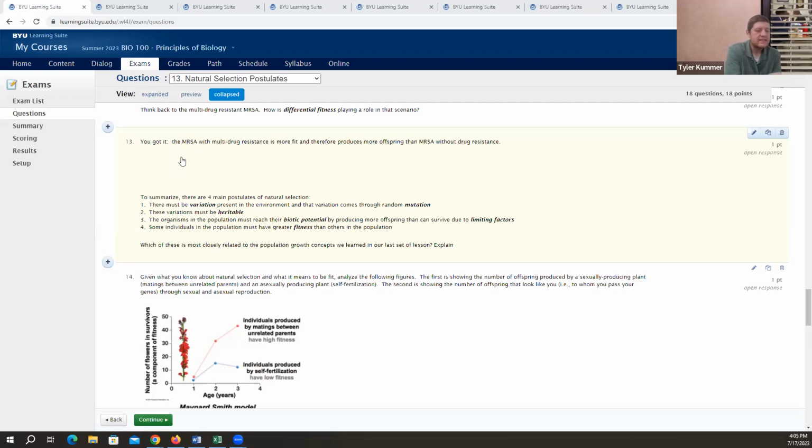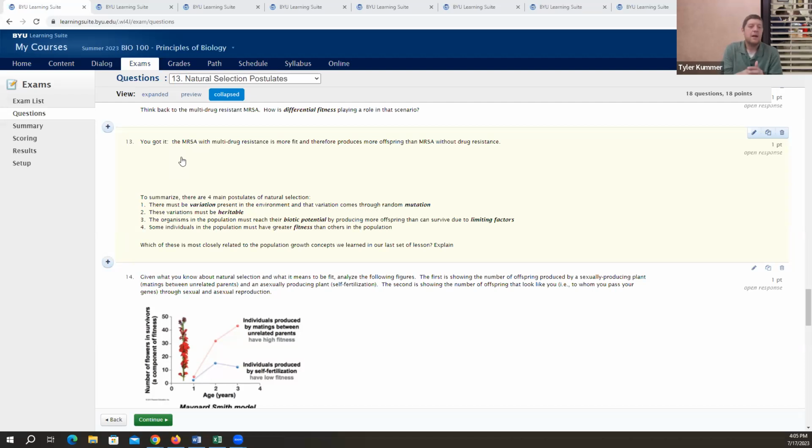The greater fitness is who survives and the number of offspring that they produce and the number of offspring that survive. That's how we measure fitness. It's the reproductive success of you and your offspring that is essentially how we measure fitness when it comes to evolution. So we have to have variation. That variation must be heritable.